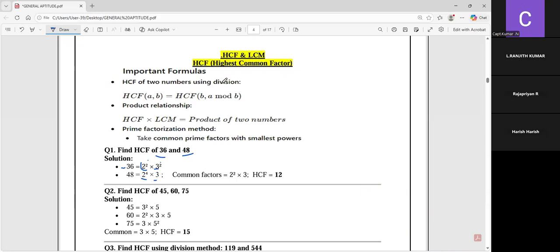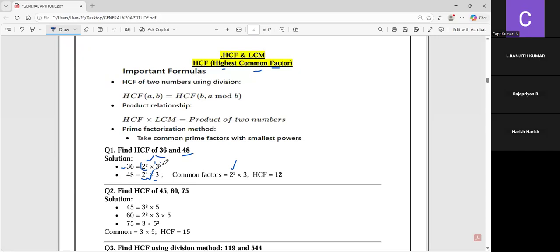See the highest common factor. In this, 2 power of 2 is the minimum. 2 power of 2 is present here and 2 power of 4 is present here. So the minimum value is 2 power of 2. In the other combination, 3 power of 1 and 3 power of 2 are present.